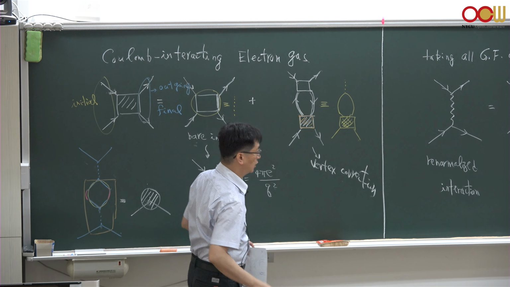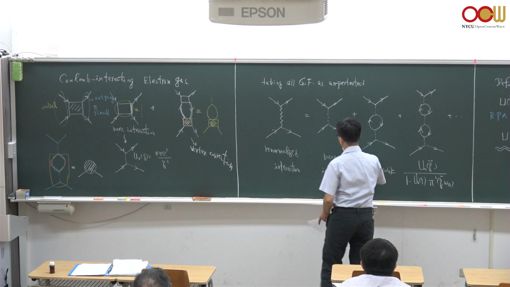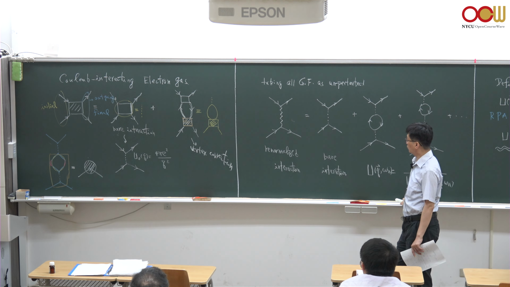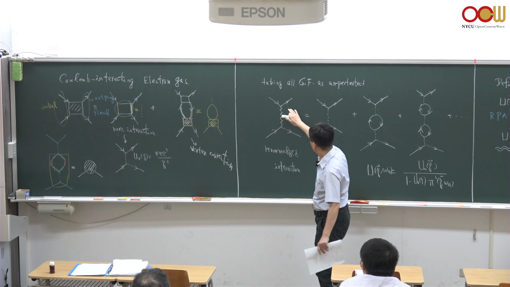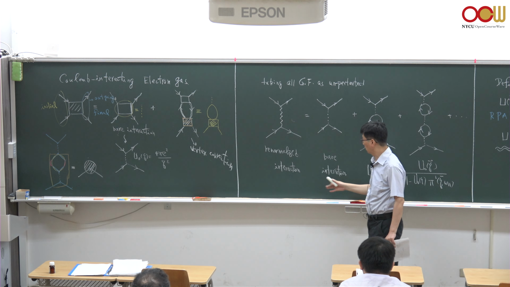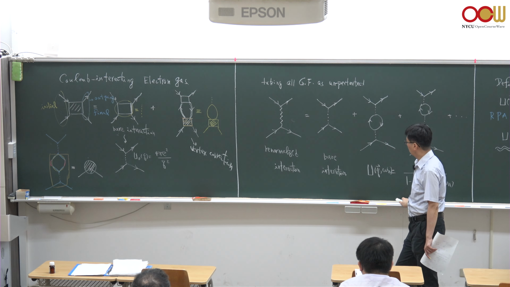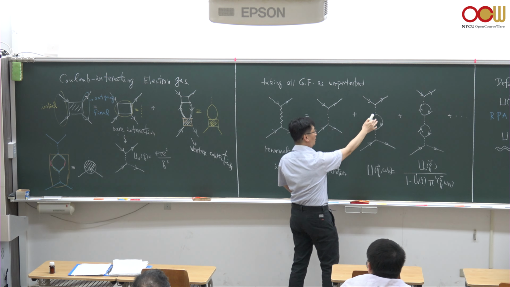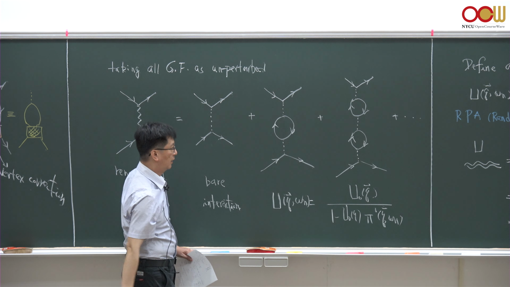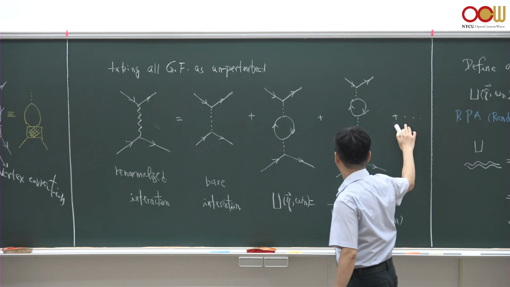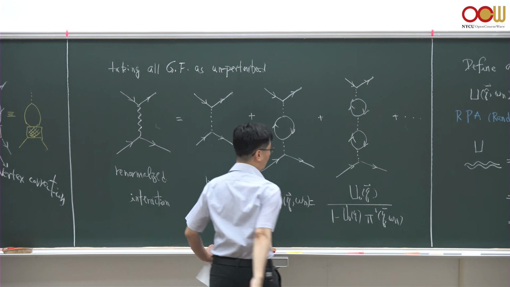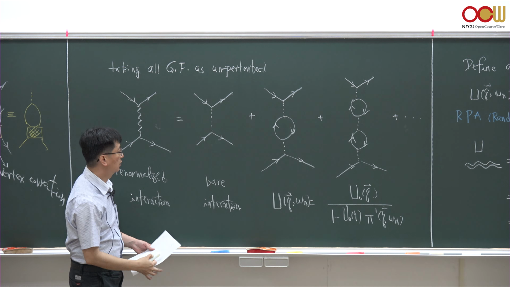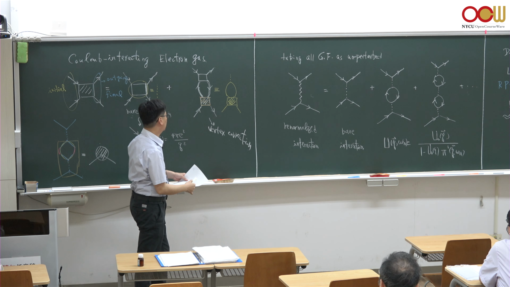So to represent such an infinite number of bubble diagrams, we could re-express or replot this kind of vertex correction diagrams in this manner, so that this wavy line represents renormalized Coulomb interactions, which includes all the contributions, including the bare one, the simple dashed line, and one bubble inserted in the middle of this dashed line, and also two bubbles, and three bubbles, and four bubbles, an infinite number of bubbles. And you could organize all these bubble diagrams inserted in the middle to actually look like this diagram.